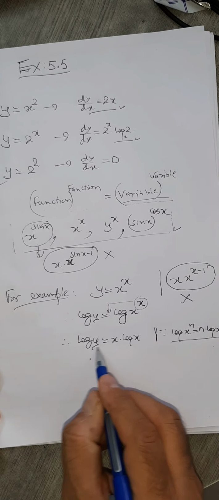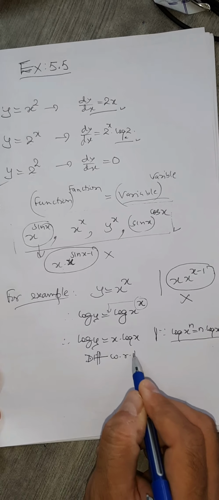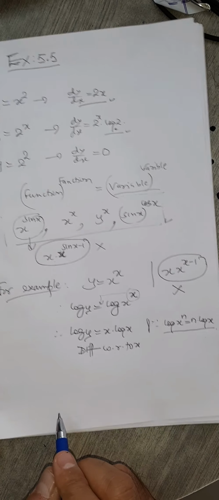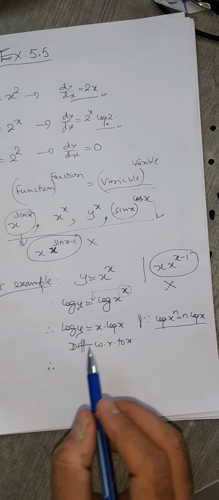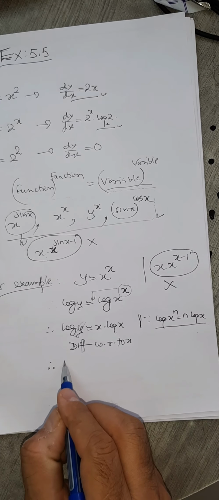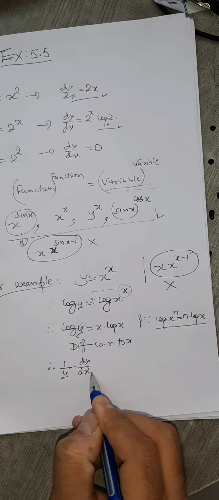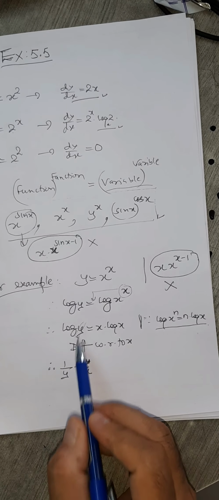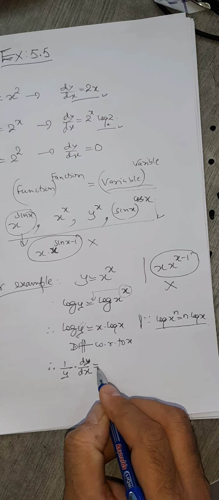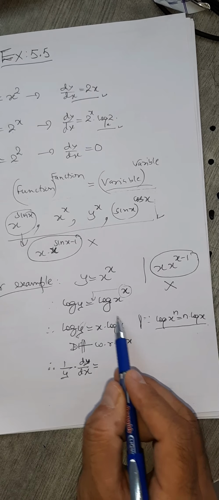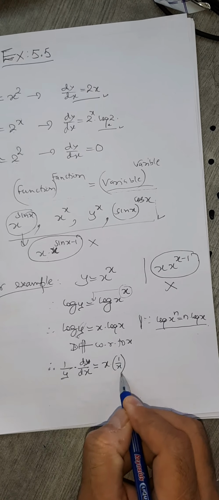Now differentiation. This is like an implicit function. So differentiating with respect to x on both the sides. What is the derivative of log y? Chain rule. Imagine there is x. So 1 upon y into dy by dx equals, now product rule on the right hand side. x as it is, what's the derivative of log x? 1 upon x.